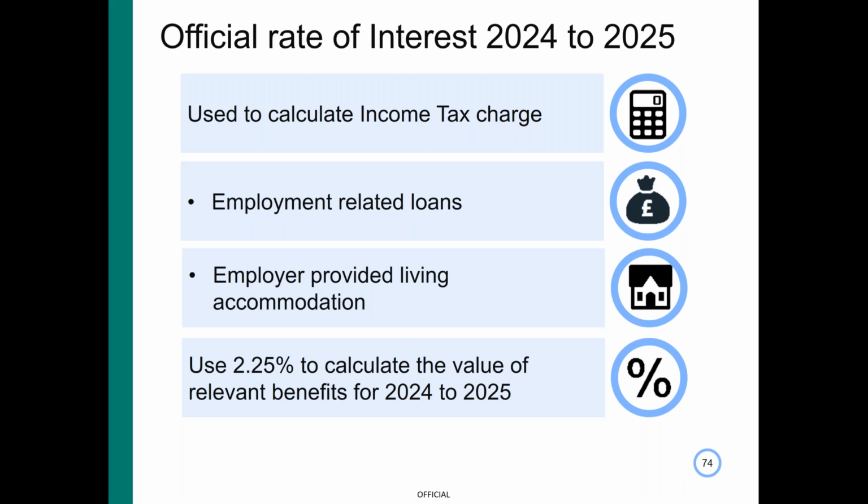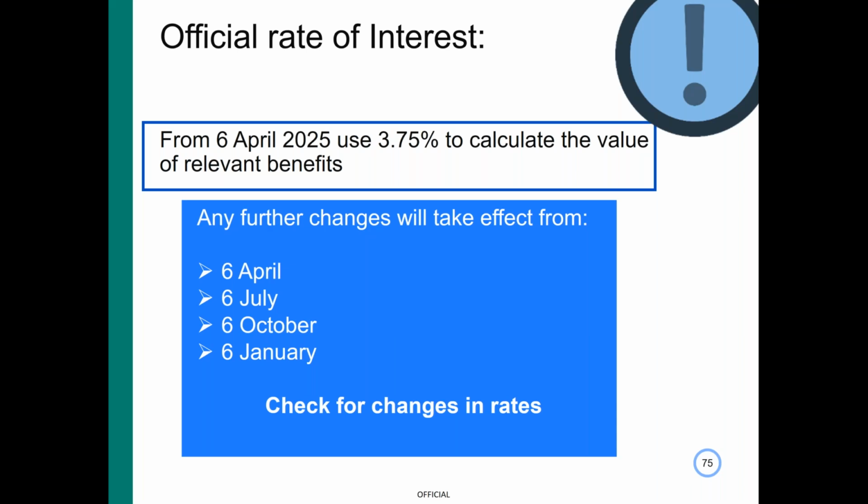The government announced in the Autumn Budget 2024 that the previous public commitment made in January 2000 to not increase the rate during the tax year will no longer apply. From 6th of April 2025, the rate will be 3.75%.